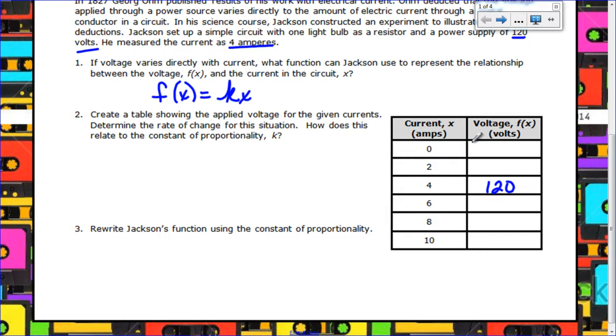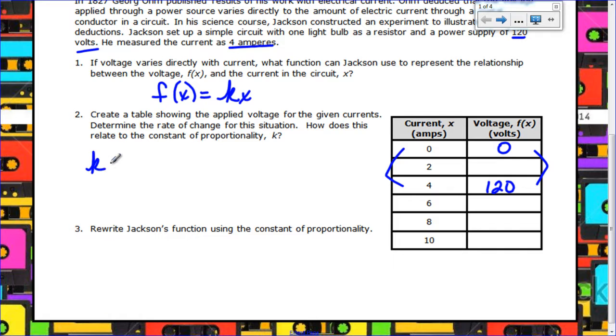I also know, because you were told twice in the paragraph and then in question number 1, that it is a direct variation. It varies directly. Right here, when x is 0, y also has to be 0 because it must go through the origin. This point has to be 0, 0, or it doesn't vary directly. So now I'm going to use this so I can find k, which is the same thing as finding slope. I'm going to find the change in my y values and the change in my x values.